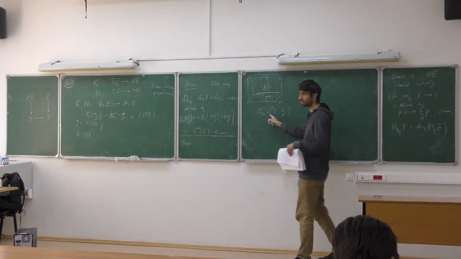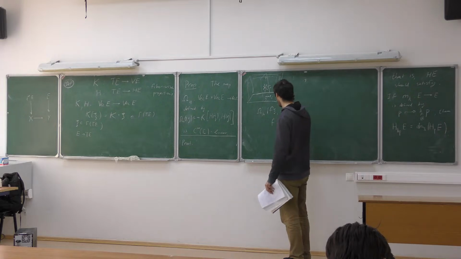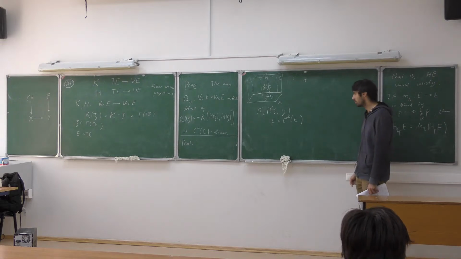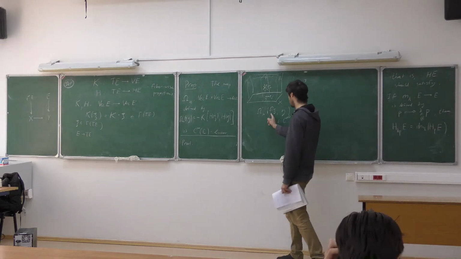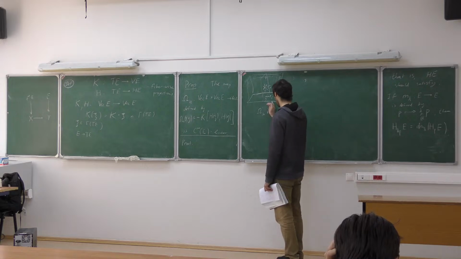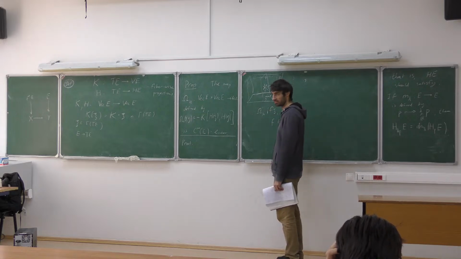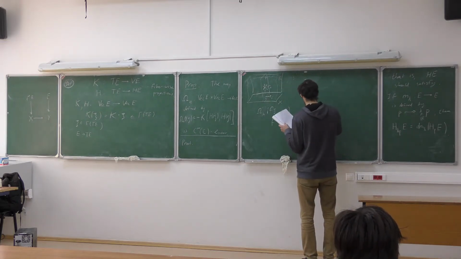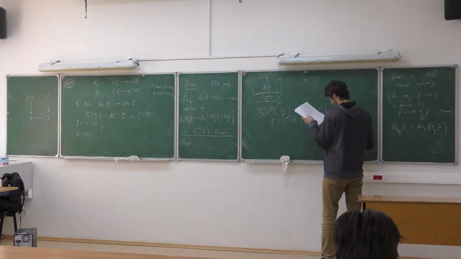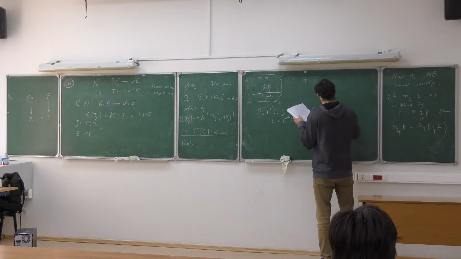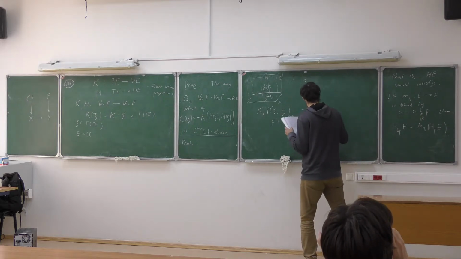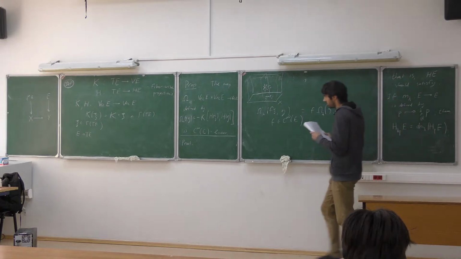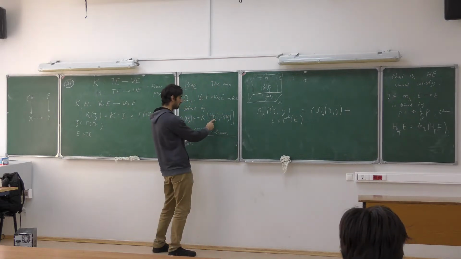So I multiply psi by f, which is a smooth function on E. Then what happens? I get f times omega_H(psi, eta) plus a term.